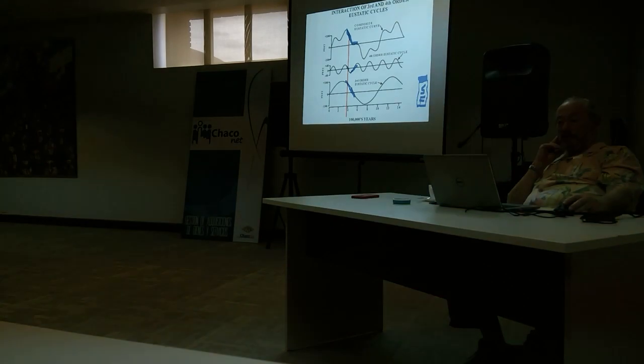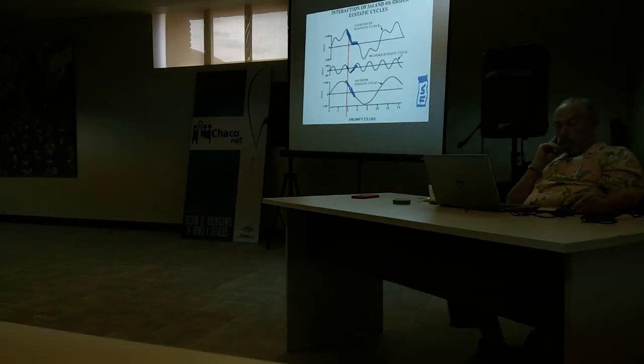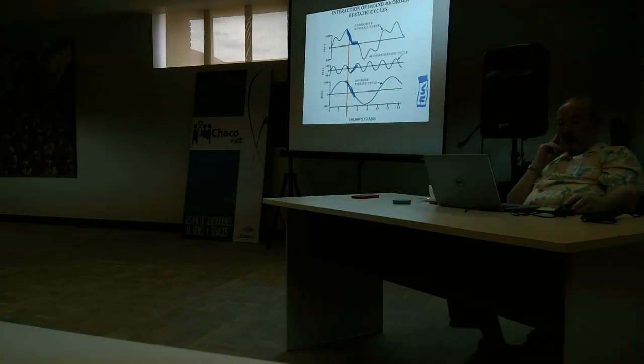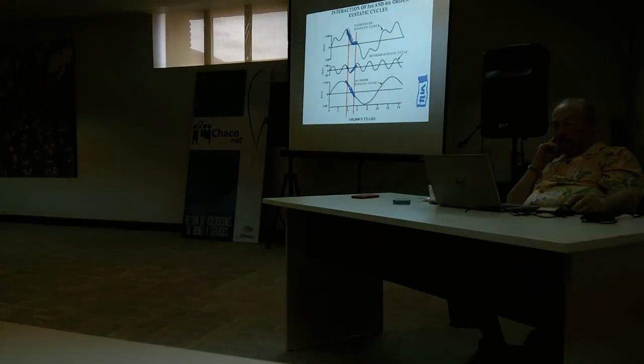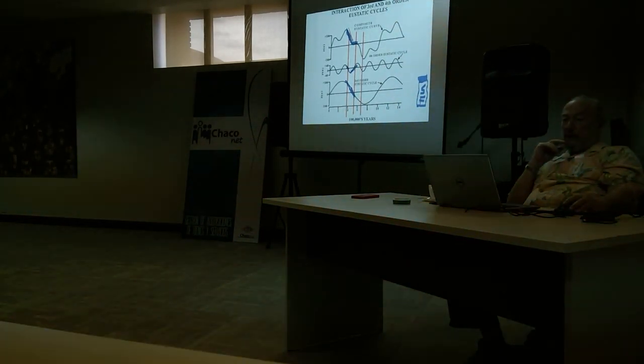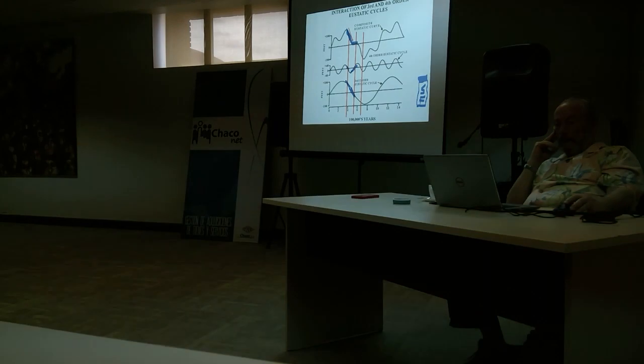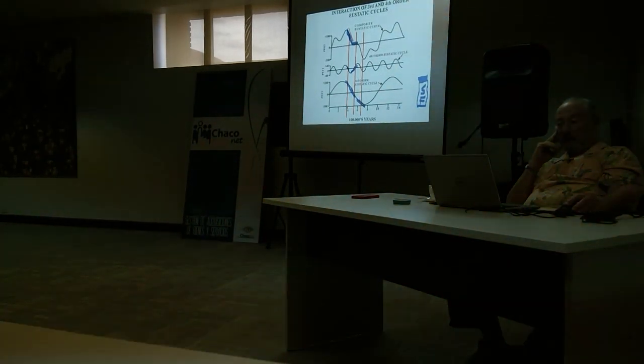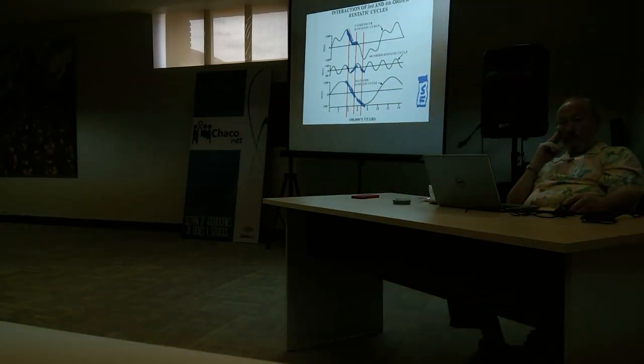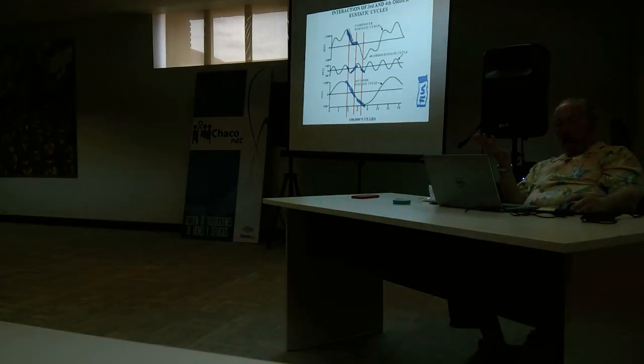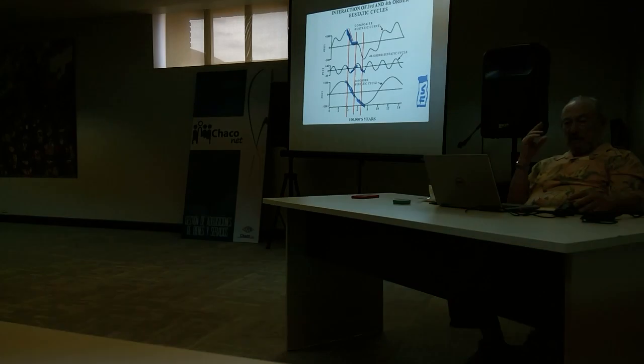Well, let's keep going with this curve, and let's go down to a point here. Here you've still got a third order drop in sea level, and at that time you've got a fourth order drop. So once again, you're constructively interfering, and you're going to get a big drop in sea level.